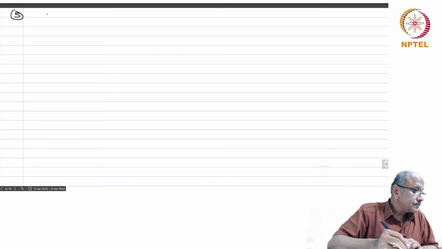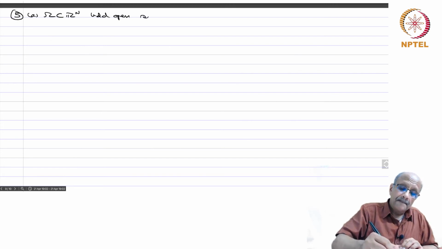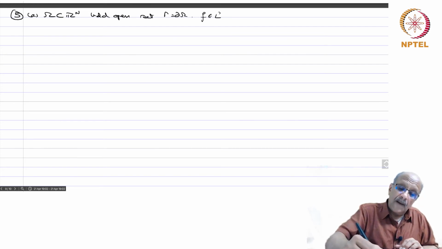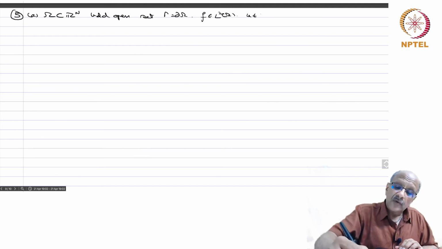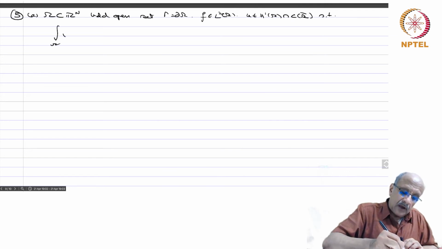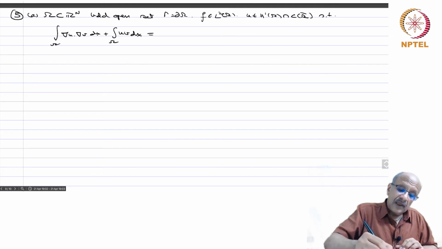Five. Let omega in Rn be a bounded open set, gamma equals the boundary of omega, f in L2 of omega, and u belongs to H1 of omega intersection C of omega bar such that integral on omega grad u dot grad v dx plus integral on omega uv dx equals integral omega fv dx for every v in H1 0 of omega.